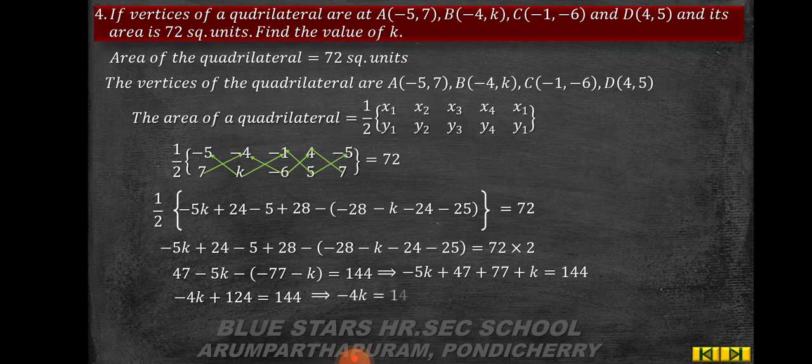So -4k is equal to 144 - 124. k is equal to -20/4. So the value of k is equal to -5.